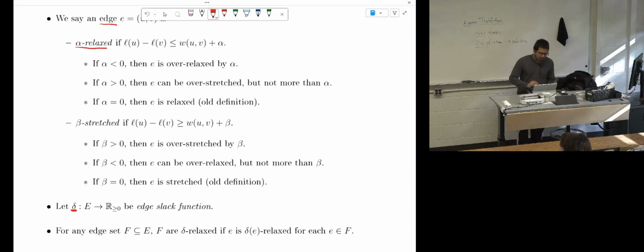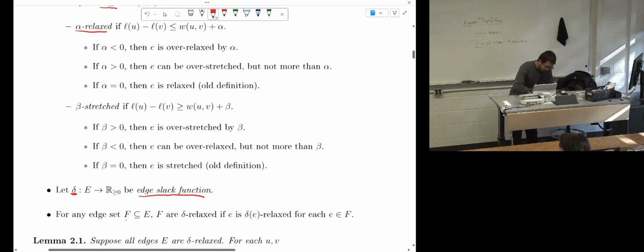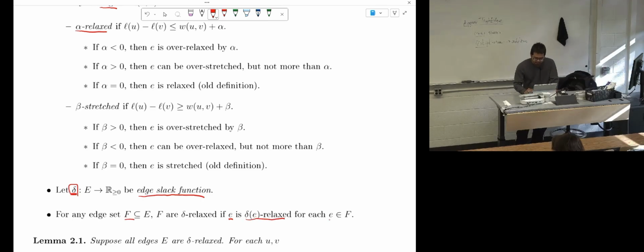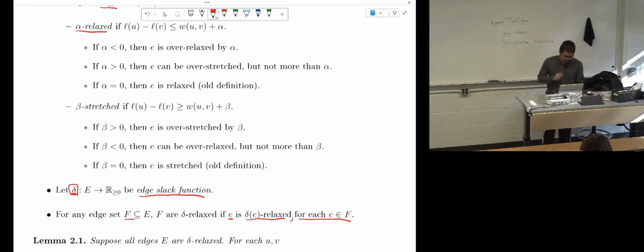Okay. So now we can talk about the edge slack function. For any edge set, let's call this delta, F is delta relax if for each edge E in F, E is delta-E relax.